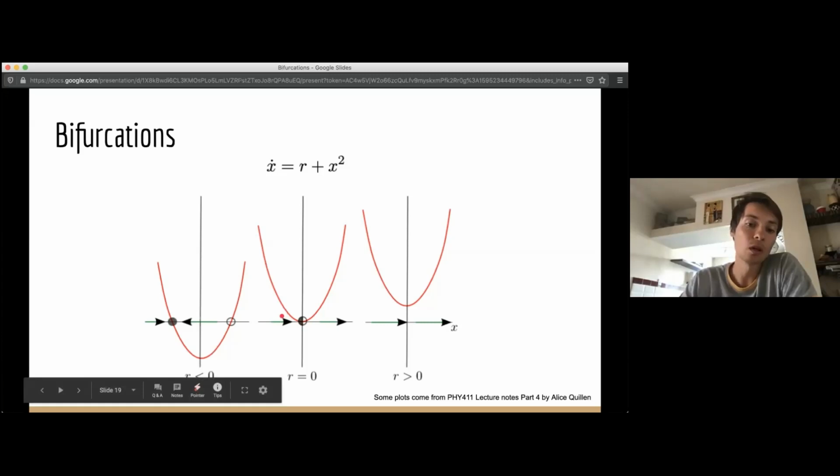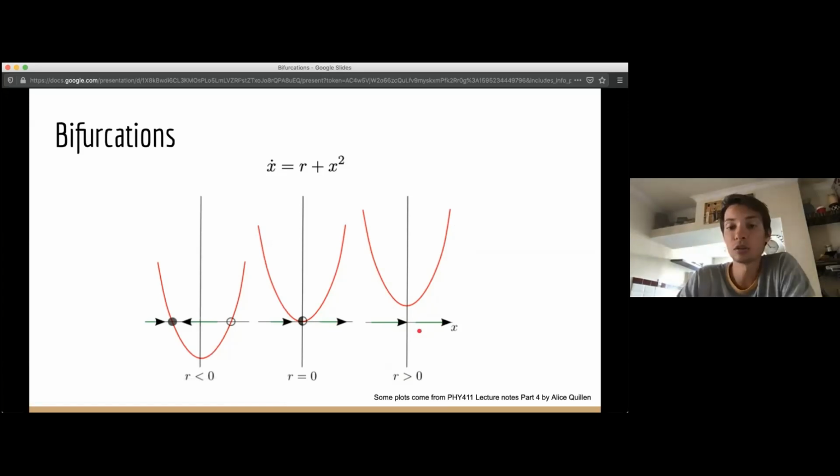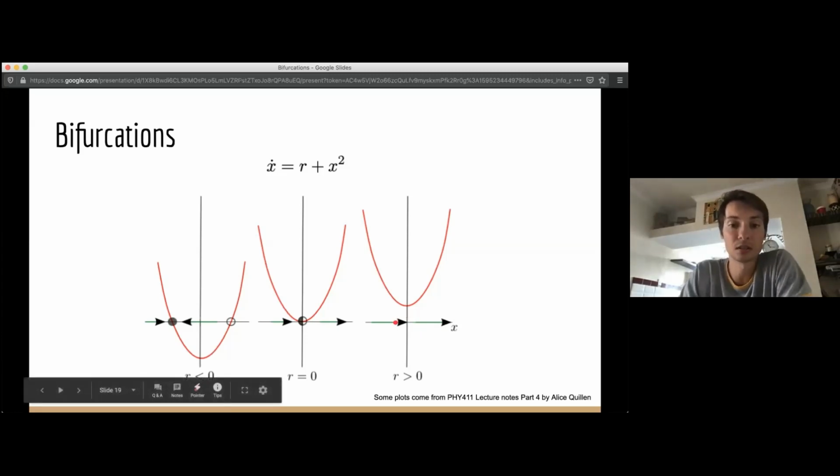When we approach this point from the left side, we can see that it might be stable, but when we approach it from the right side, it is repulsing, right? Whereas for r greater than 0, this curve does not intersect with 0. Thus, we conclude that there are no fixed points whatsoever here.